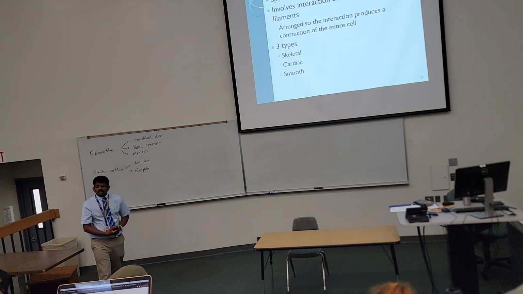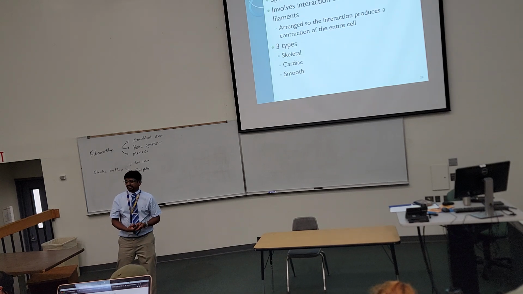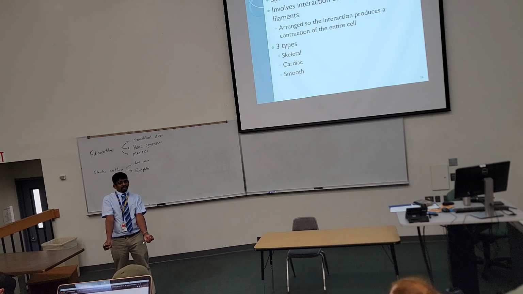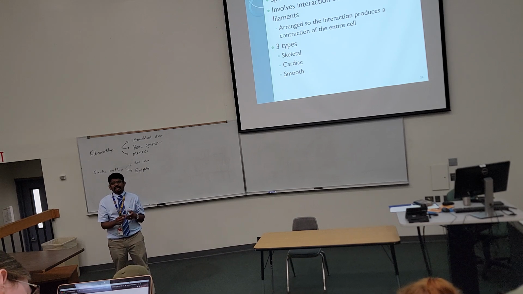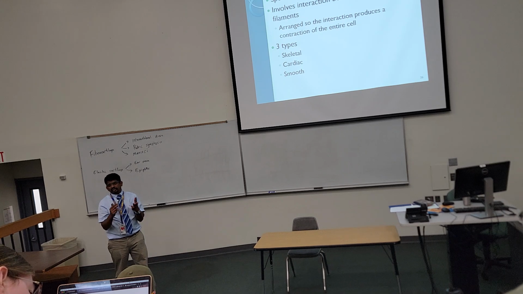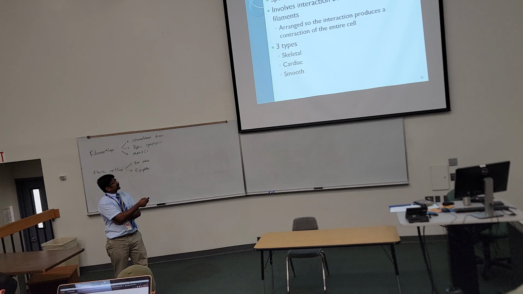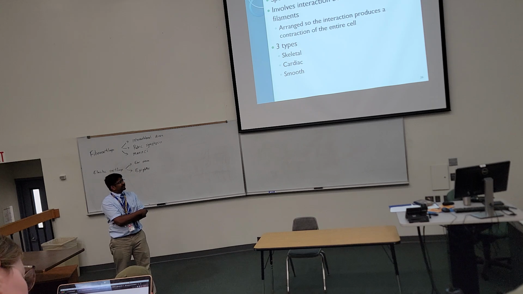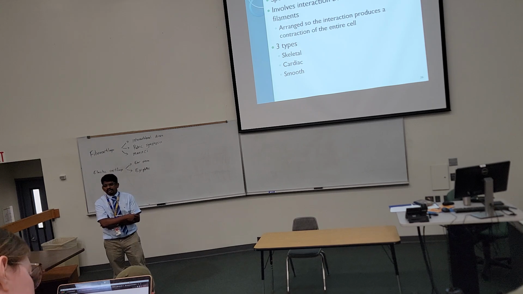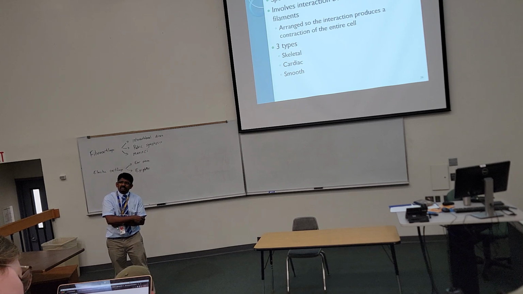In terms of muscle, muscle basically is to move things. We have three types of muscle tissue: cardiac muscle tissue, skeletal muscle tissue, and smooth muscle tissue. Let's start with the first two. Skeletal, where can we find it? Attached to bones. Where can we find cardiac? What about blood vessels?